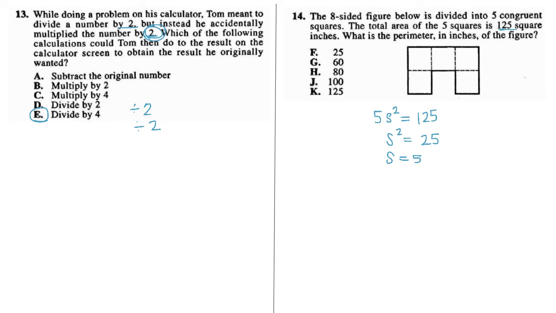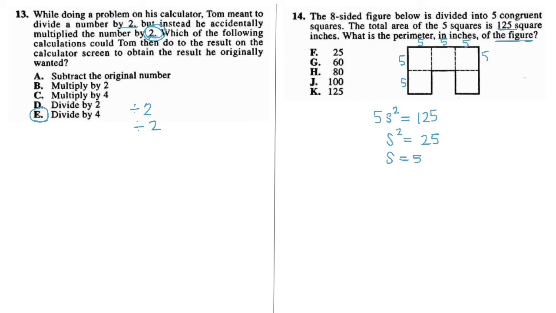Now it wants to know what is the perimeter in inches of the figure. So we need to go through and count out how many sides I actually have here, because with the perimeter, you're adding up all the different sides. So we would have a 5 here and a 5 here, 5 here, here.